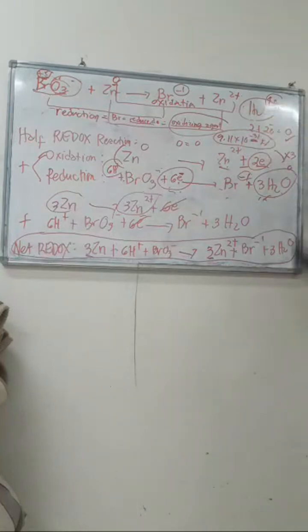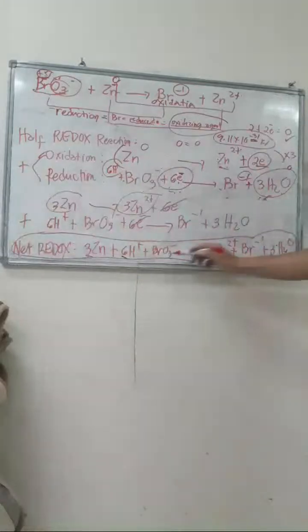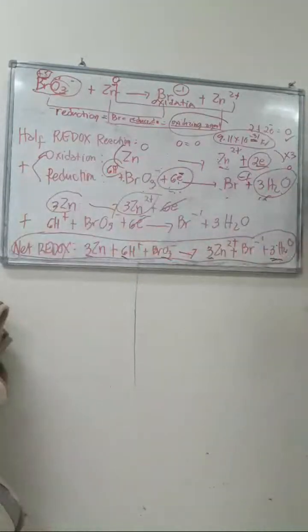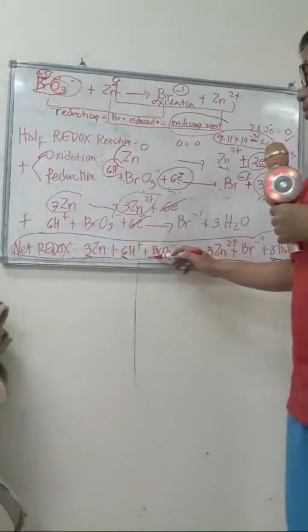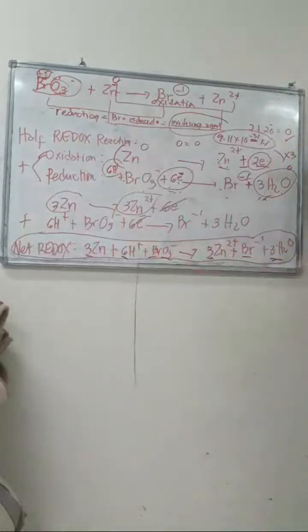That's why during the net redox we need to be precise. Hydrogen, 6. Hydrogen also 2 times 3, 6. Oxygen, 3. Oxygen, 3. Bromine, balance also. During balancing, you always name the element.